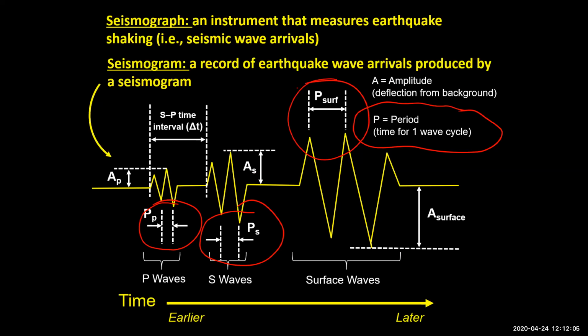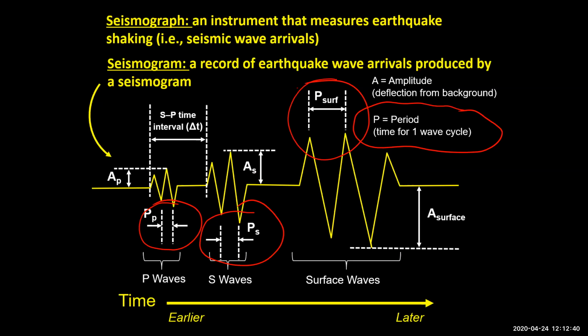And essentially what wave period tells you is how rapidly the ground is shaking back and forth. When P waves arrive, it's almost like a buzzing or a very rapid back and forth vibratory motion. When S waves arrive, the ground shakes back and forth a little bit more slowly, in the sense that it takes longer for the ground to return to its initial position, and surface waves shake the slowest in the sense that it takes the longest for the wave to make one complete cycle.